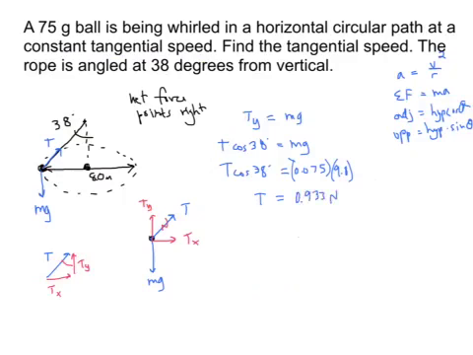Now that we know the tension, we can find Tx, the net force. The sum of the forces, the net force, equals Tx, and we can replace Tx with the hypotenuse and theta. We use this equation because Tx is opposite 38 degrees. So Tx then is replaceable with T sine 38. And T we just found to be 0.933 sine 38.